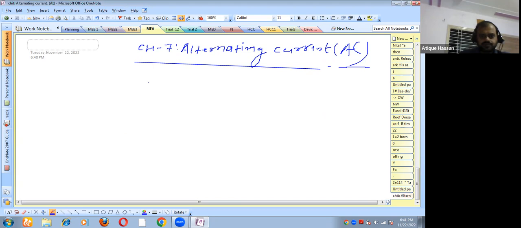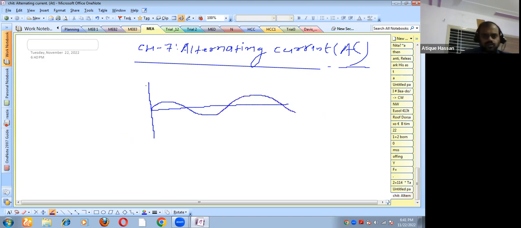Like this. Generally we take alternating current variance. So we can write the equation of alternating current like I is equal to I naught sine omega t, or I is equal to I naught cos omega t.